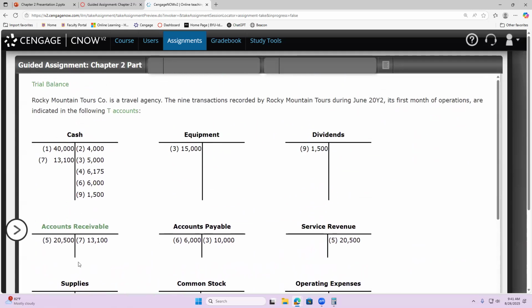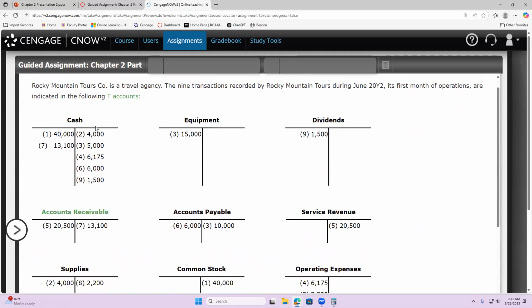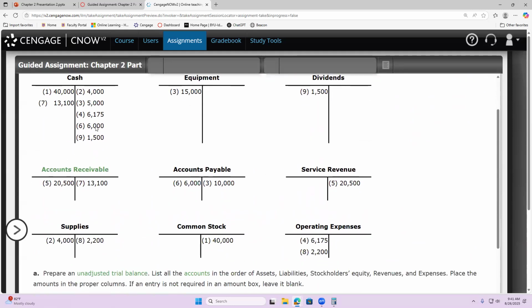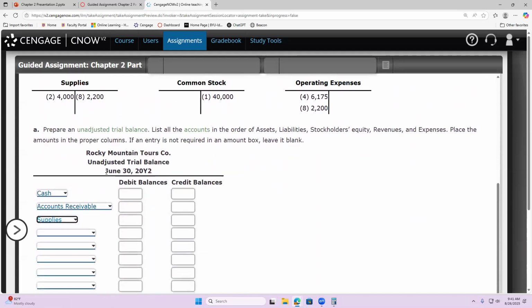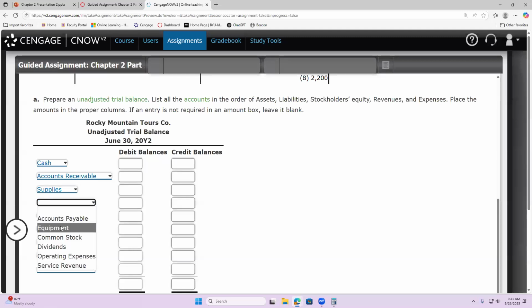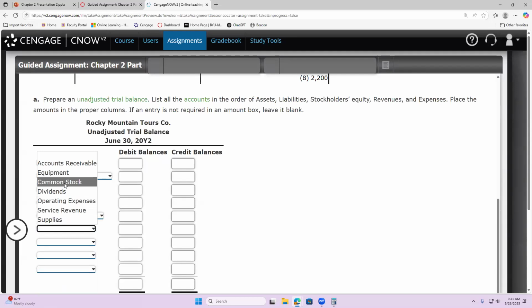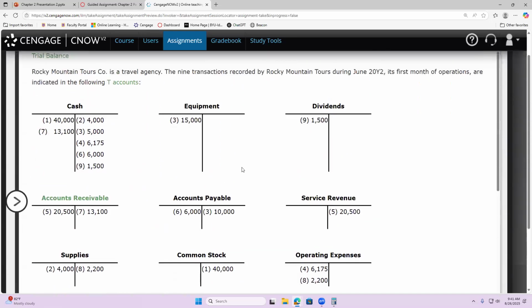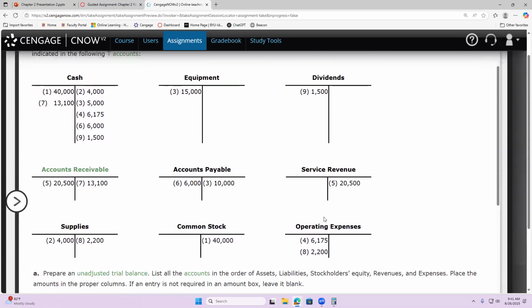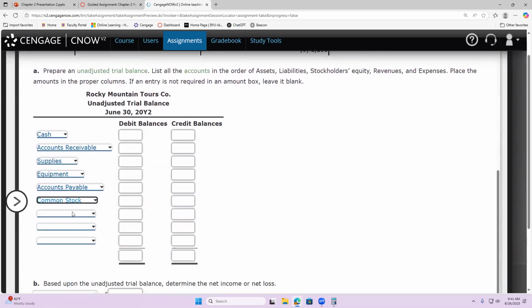So I'm just going down the columns of the T accounts here. Then we have equipment, accounts payable, and common stock. And then dividends, service revenue, and operating expenses.